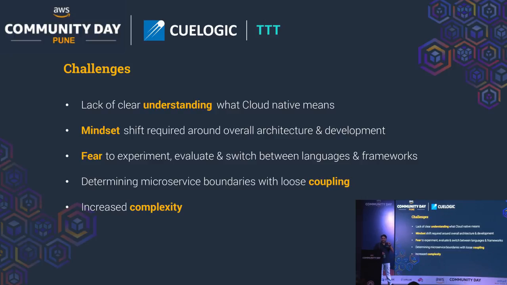So everybody's definition of cloud native is different. I think that's a key challenge, because when I say I'm doing cloud native, somebody else says they're doing cloud native, and a third person says something else, we three might be talking about different things, right? There might be some common elements like Kubernetes or something of that sort, but that's probably the only similarity. So we need to have a clear understanding of what exactly cloud native means.